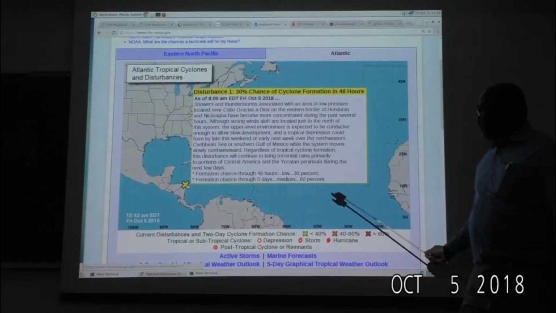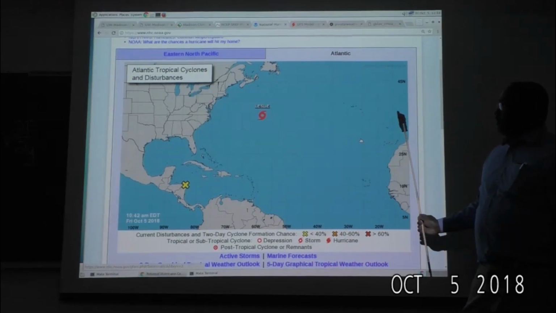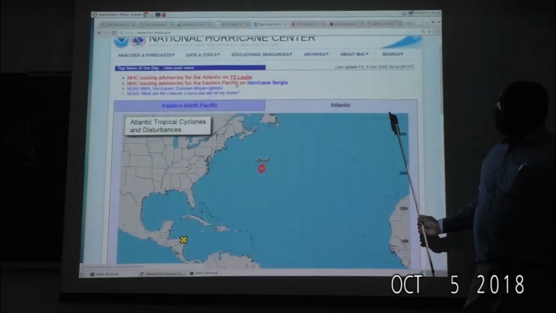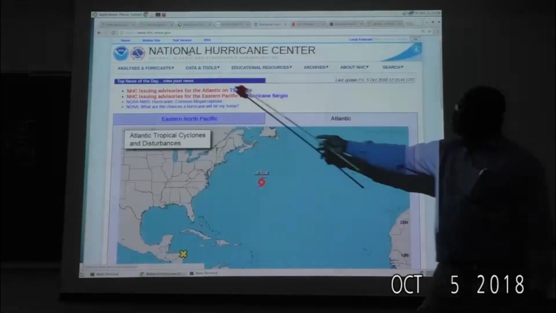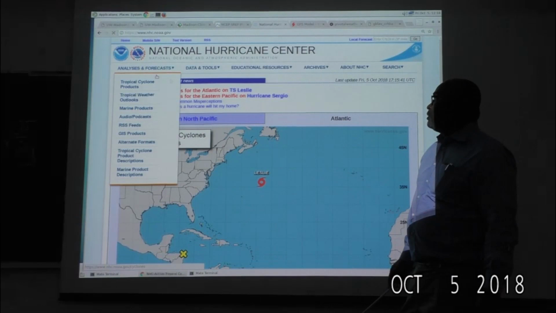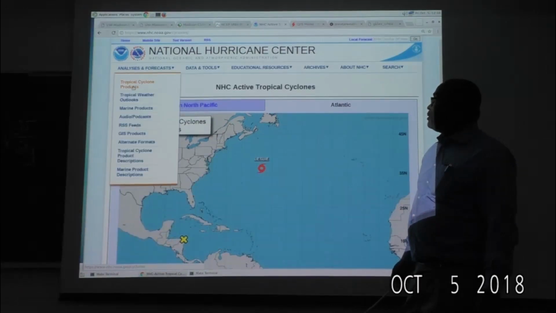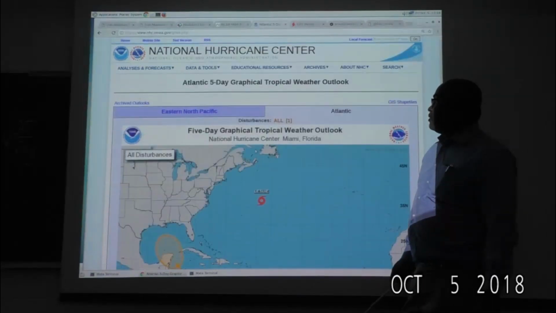We can check to see if there are any other waves out there, but there's nothing that the Hurricane Center is particularly interested in. Look at the NHC site. They show the analysis. If you go to analysis and forecast, and tropical products, or tropical weather products, maybe outlooks there.